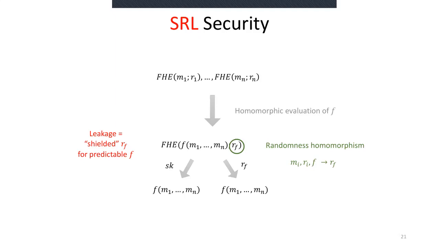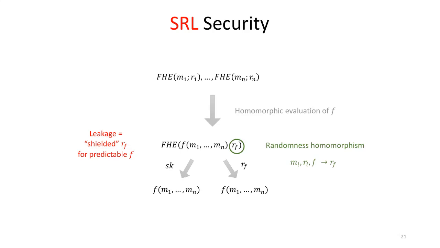So in fact, we need to restrict the shielded leakage to functions whose outputs can be revealed without causing harm to the security. For now, we will call it a predictable function f, so the output f of m is essentially known beforehand. It's not detrimental for security. I'll be more specific in just a slide about what I mean by predictable f.